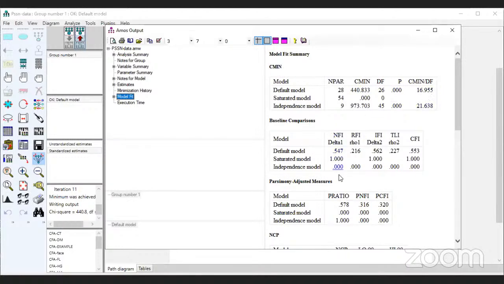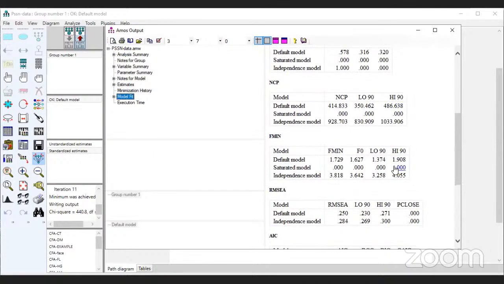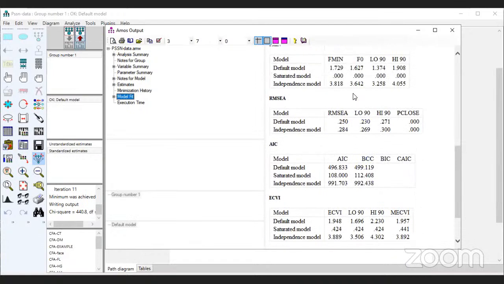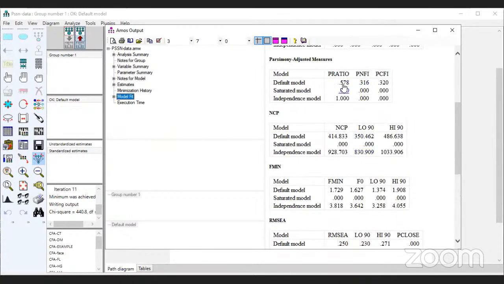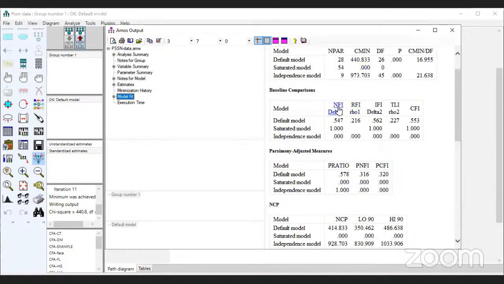Now, this one, all these values already, this is baseline comparison. We have NFI, we have parsimony adjusted measures, all of them. Now, all of them, they have their rules. You have AIC, BCC. Let me quickly just explain some of them, because that's the last one. The NFI, that's normed fit index.